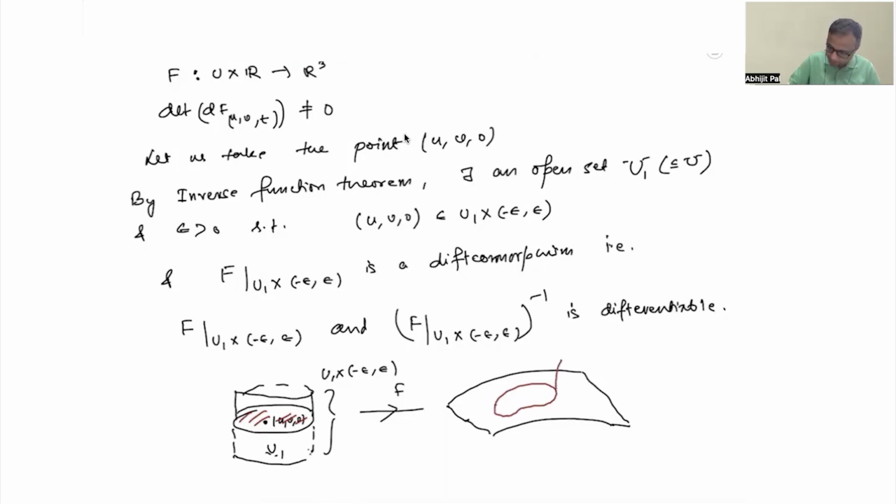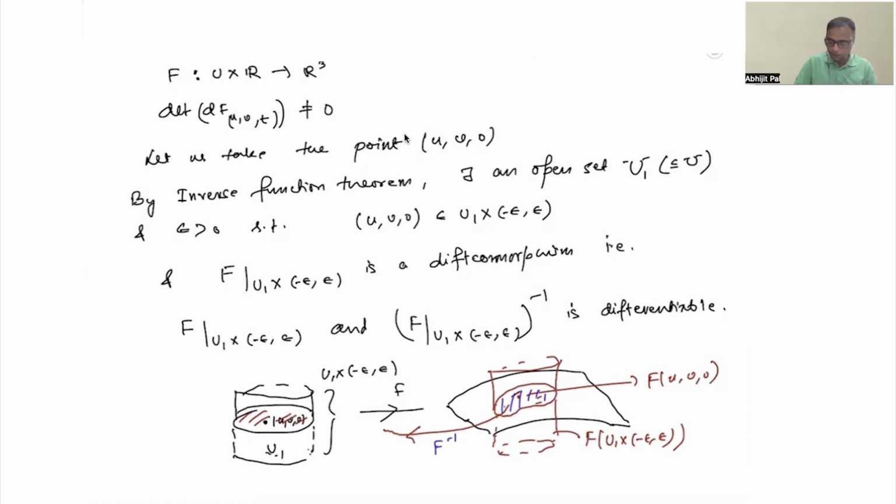And F of U1 cross the interval (minus epsilon, epsilon) will be something like this. This is my point F(ub, 0). The inverse of F is applied on this open set.